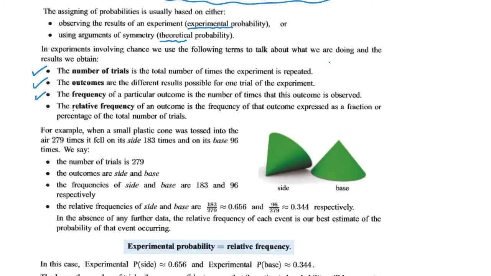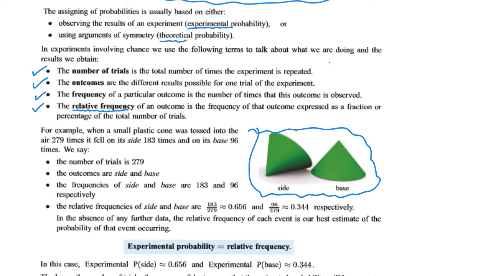And then here's where we get into experimental probability. This word relative frequency is simply a fraction representing the total number of times the outcome occurred out of the total number of trials. So if we had some small plastic cone and we kept on dropping it on the floor, tossing it in the air, letting it fall, it could either land on its side or base.